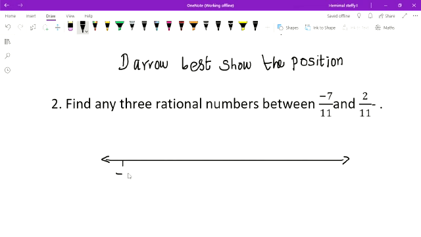I will write -8 up to 2. So -8, -7, -6, -5, -4, -3, -2, -1, 0, 1 and 2.